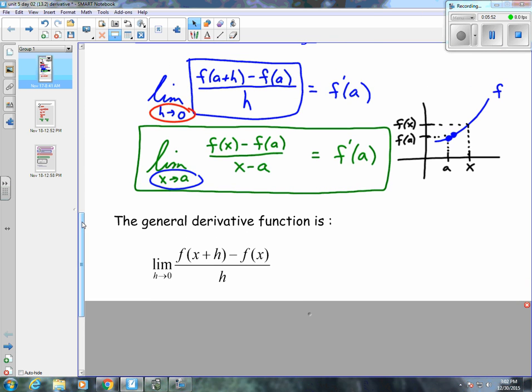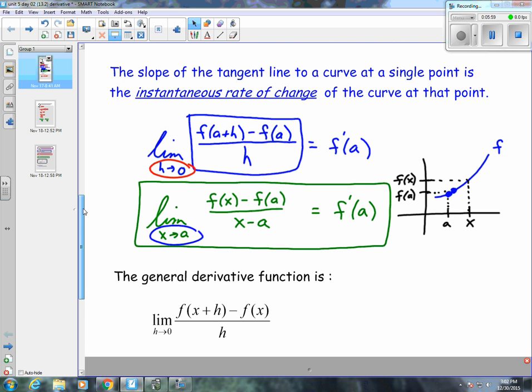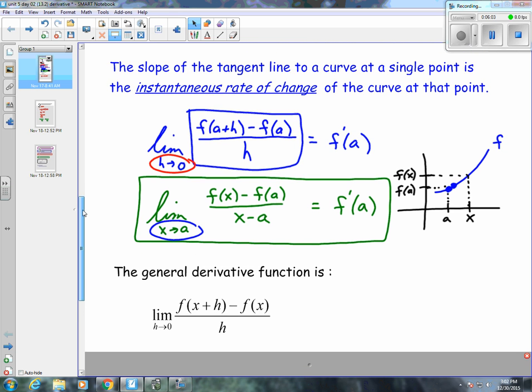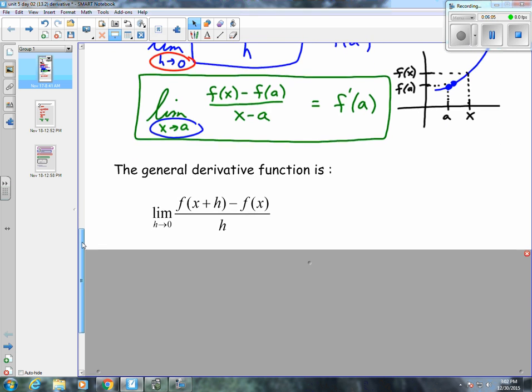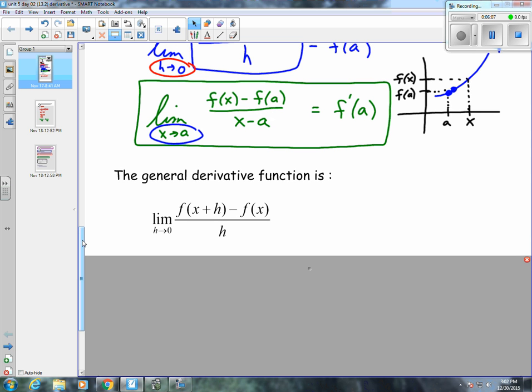Now, in those two previous forms, we're finding the derivative at a specific point. So when we're doing those derivatives at a specific point, we're getting a value. We're getting a slope of a tangent line at a single point. If we make this more general, and instead of saying at point A, we do it at any point x of our function, then the limit as h approaches 0 of our difference function will give us a general derivative function instead of a value.